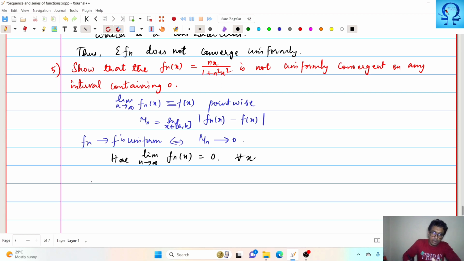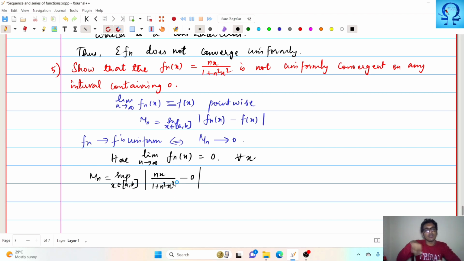Now what do we have to do? What is our Mn? It is the supremum over x belonging to [a, b] of nx upon 1 plus n square x square minus 0. So now we will have to find the supremum of this value.